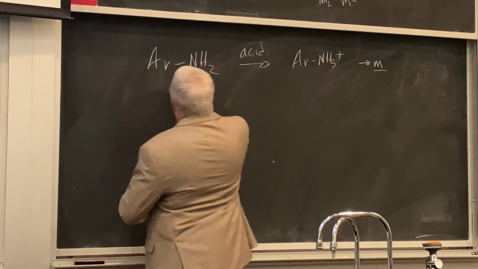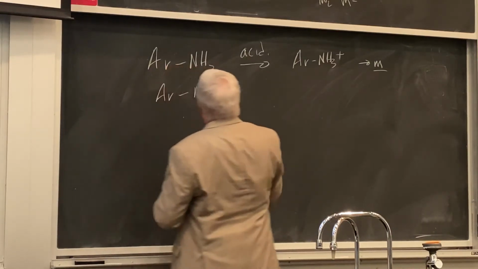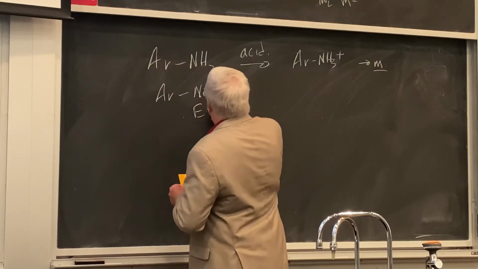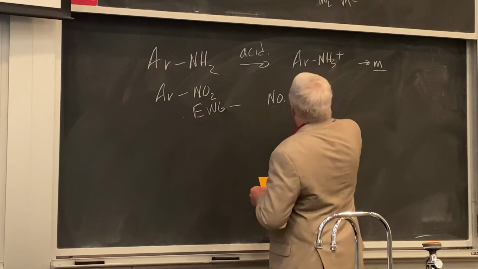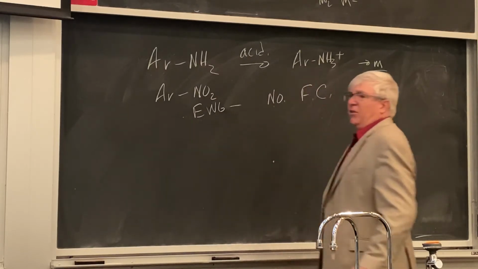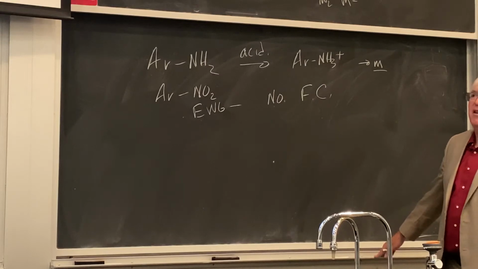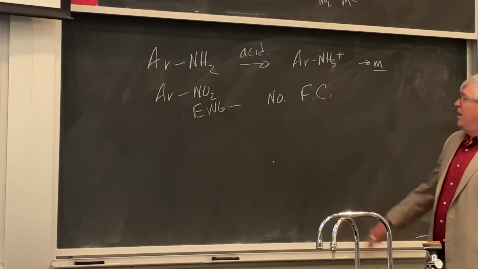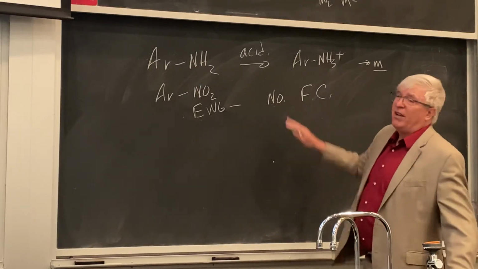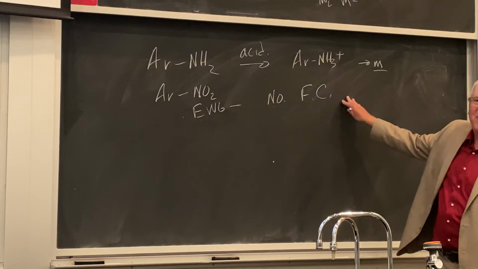Let's see, if you have the aromatic nitro group or any other electron withdrawing group, no Friedel-Crafts. Those are deactivated enough that those weaker electrophiles, the carbocation and the acylium ion for acylation, cannot occur. And so we'll just say no reaction. Now, there's an exception to the rule.